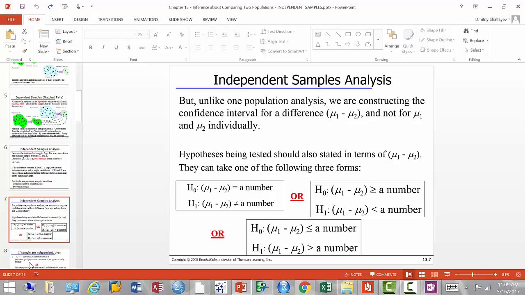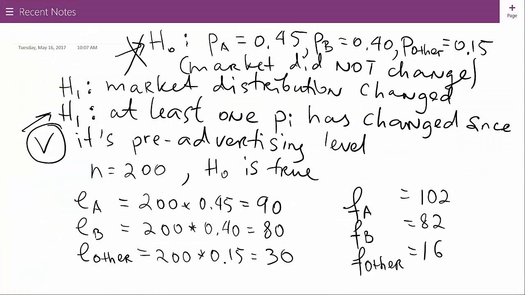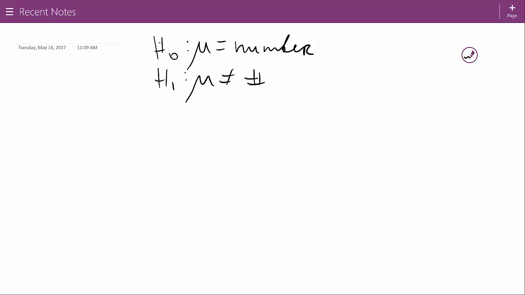Remember the 4 different ways we create hypotheses and test them? We just discussed them, right? So way number 1 was the null that the mean equals a number, for example 0, and the alternative would be that the mean is not equal to a number. Okay, that's for number 1.